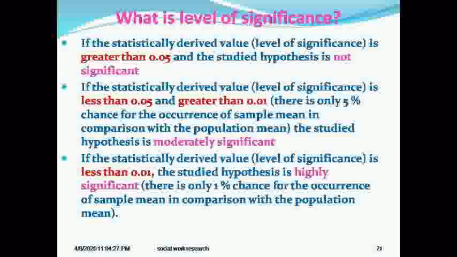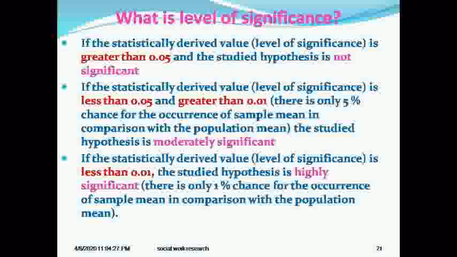If we get the level of significance less than 0.01, we can say that our hypothesis is proved true. We can say 99% cases this is going to be true. There is very clearly proved relationship between the income status and the crime rate, either positive or negative.